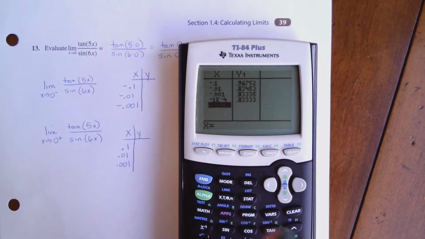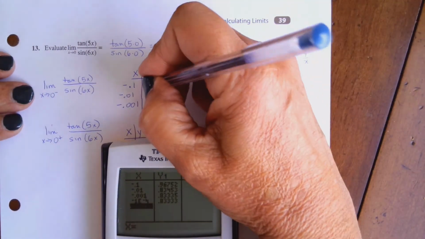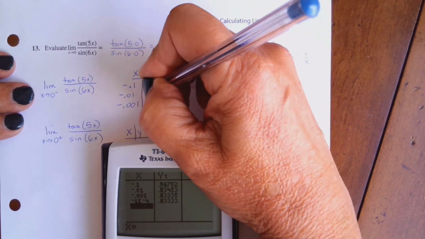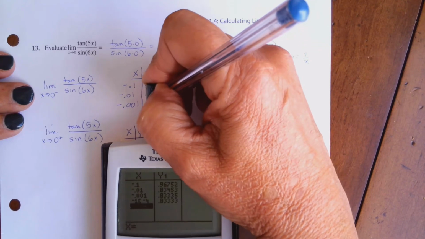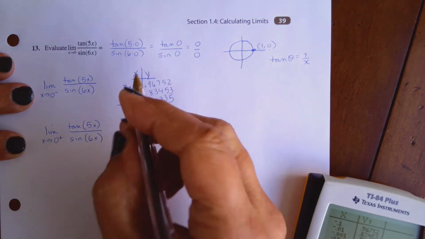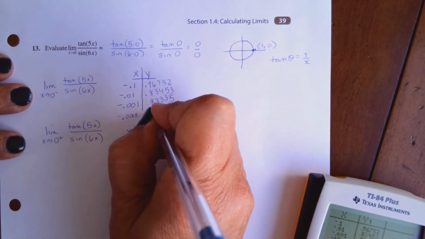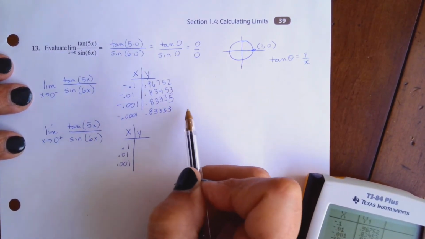So I'm going to write those in here real quick: 0.83452, 0.83453, 0.83335, and then that last one I did. So I can pretty much 99% say that this is going to get closer and closer to that.